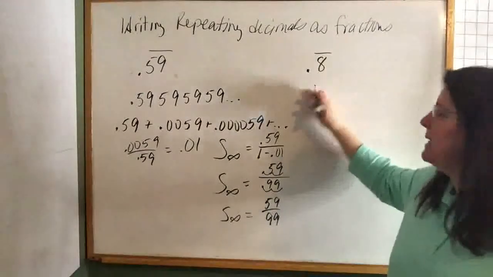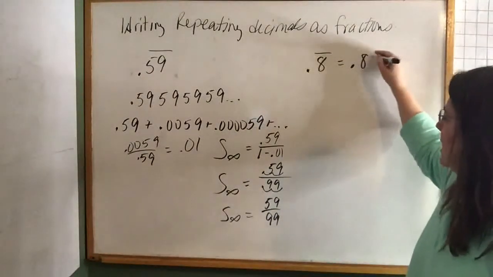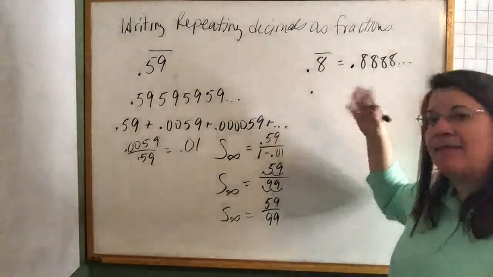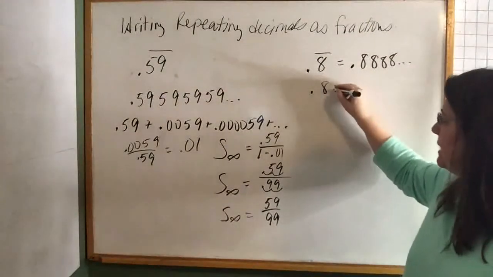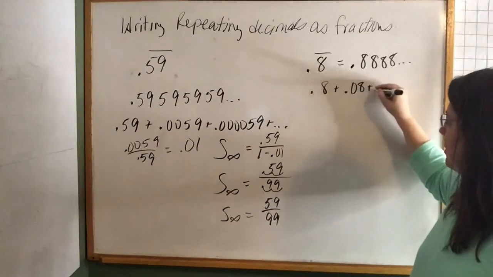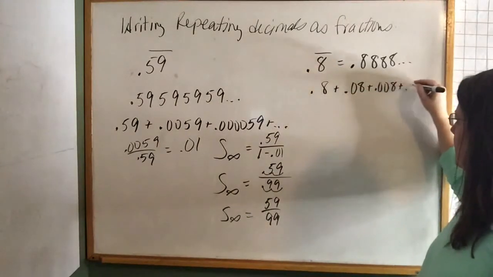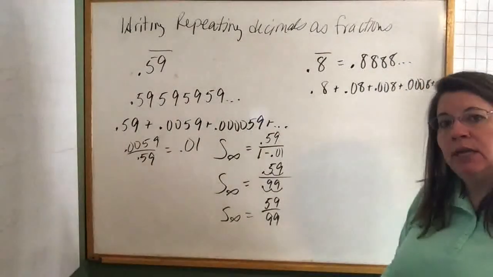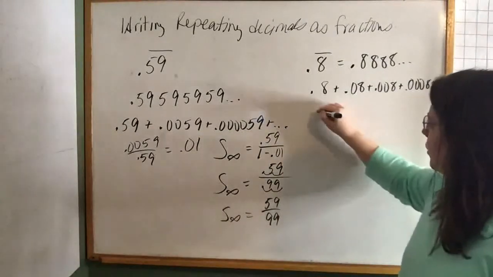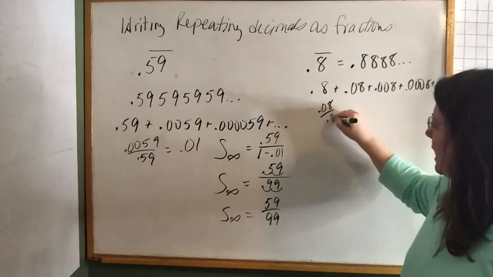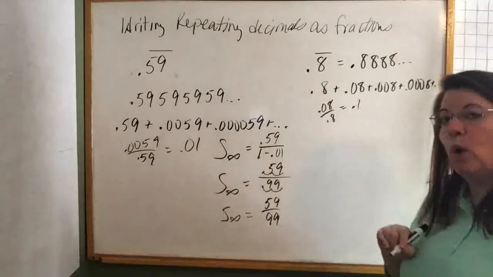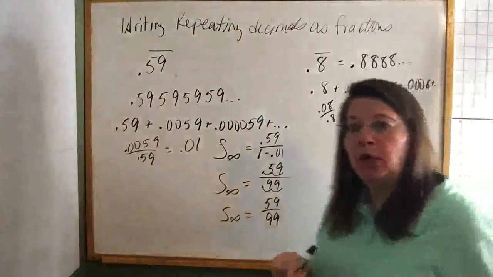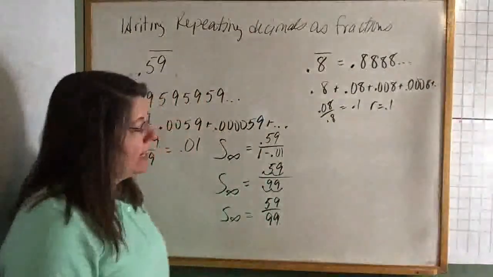If we have 0.8, think about what that means. That's 0.8 repeating. It keeps going forever. So if we write that as a series, that would be 0.8 plus 0.08 plus 0.008 and then 0.0008, and that pattern continues forever. If we're looking for our R value, 0.08 divided by 0.8 is equal to 0.1. So my R value is 0.1, which is between 1 and negative 1.